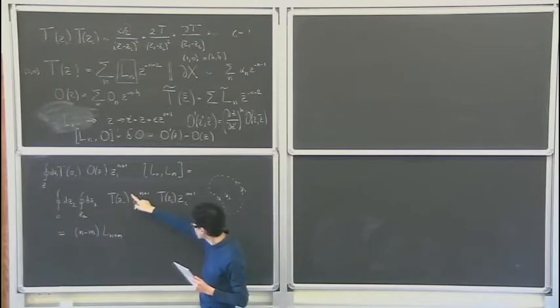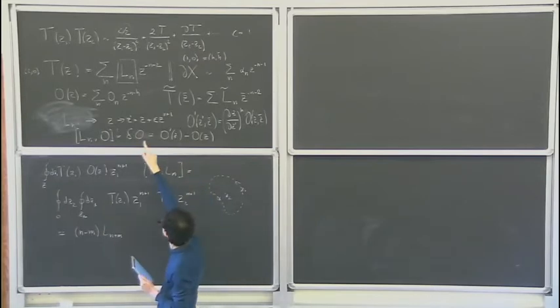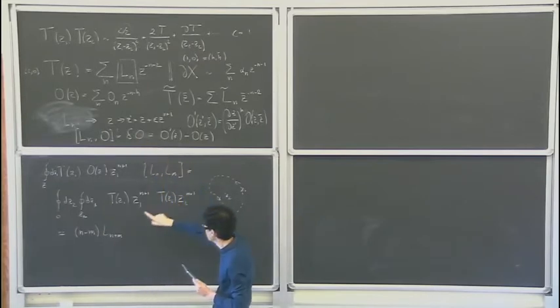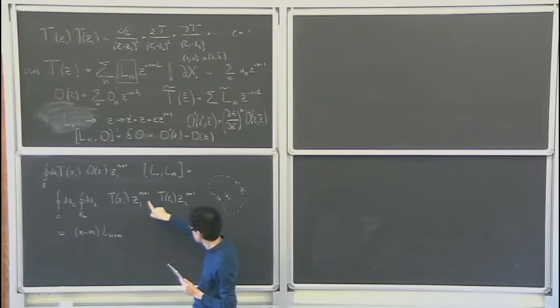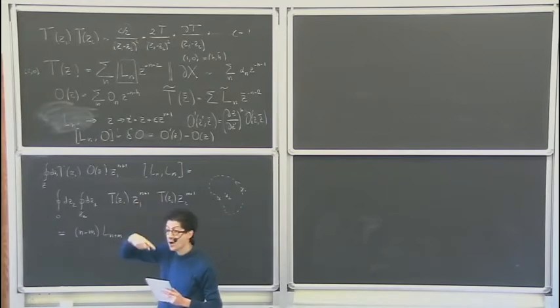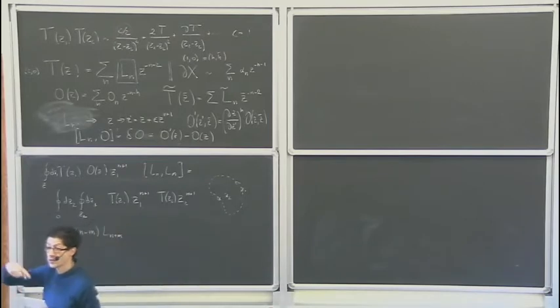So this gives c over 2 times the quartic pole. So you have to take this term, z1 to the n plus 1, and you have to expand around z2 in order to transform the quartic pole into a simple pole. So you have to go to the third order in the Taylor expansion, right?